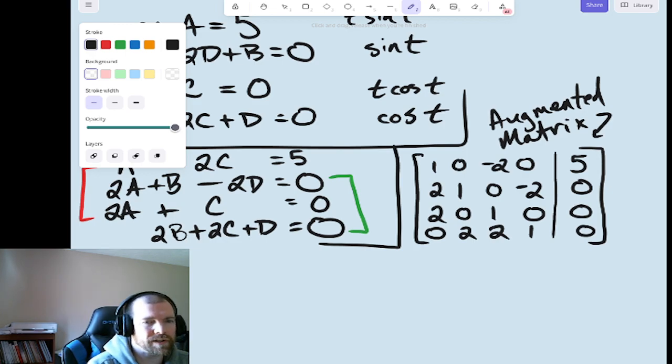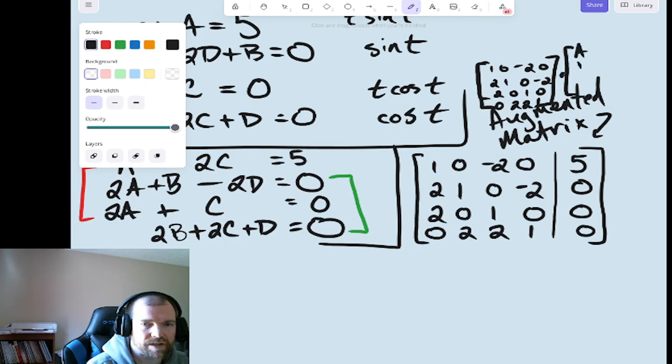And really, the way that it's built right now is that we have our whole 1, 0, -2, 0, 2, 1, 0, -2, 2, 0, 1, 0, and 0, 2, 2, 1 is the coefficient matrix multiplied by a vector ABCD.